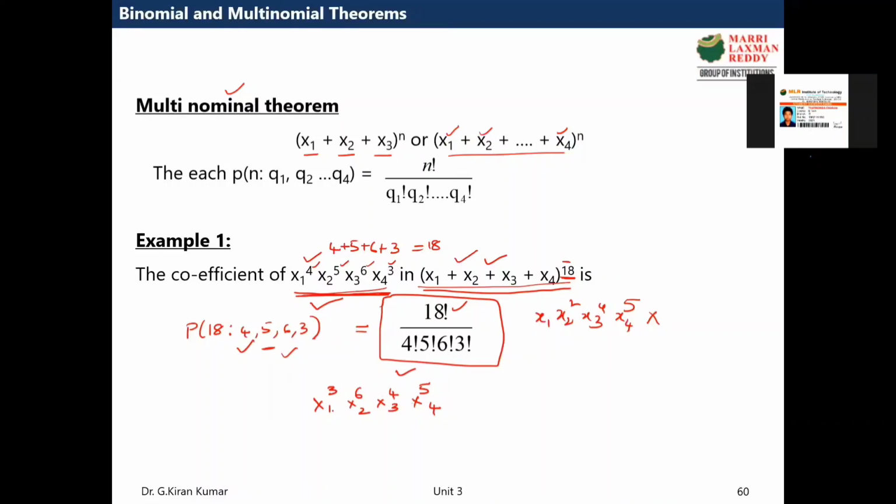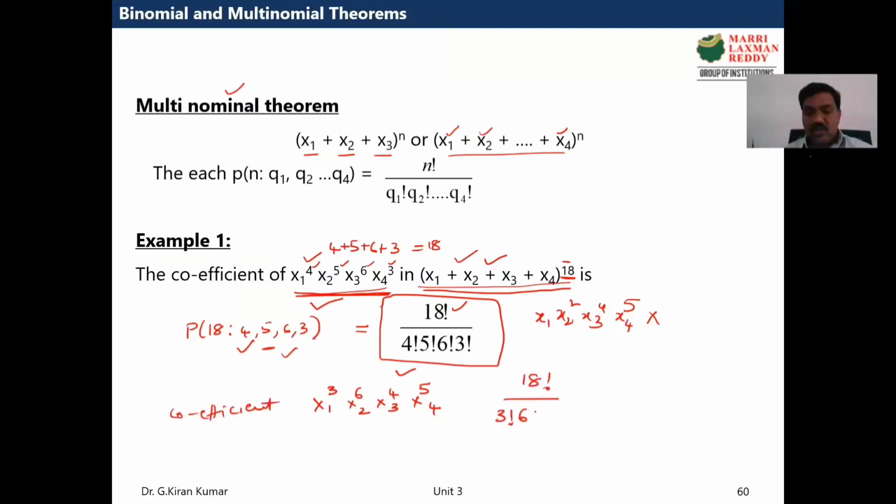And what is the coefficient? It's quite simple. The coefficient will be 18 factorial by 3 factorial into 6 factorial into 4 factorial into 5 factorial. Of course, we can also write this as P of 18 colon 3 comma 6 comma 4 comma 5. Please make a note. These two are the same.